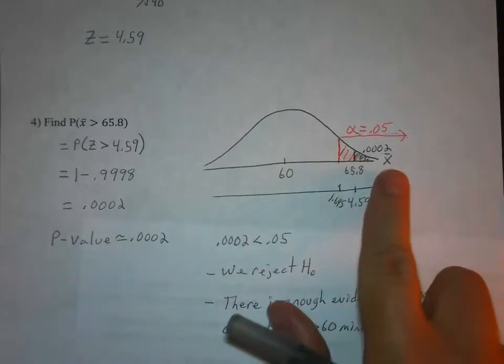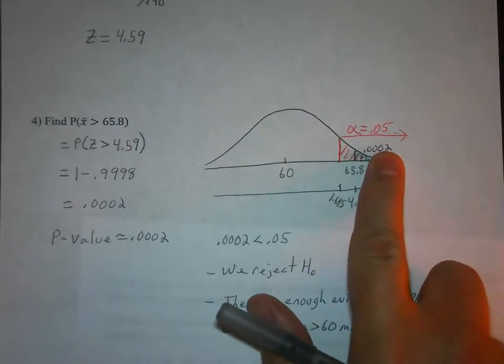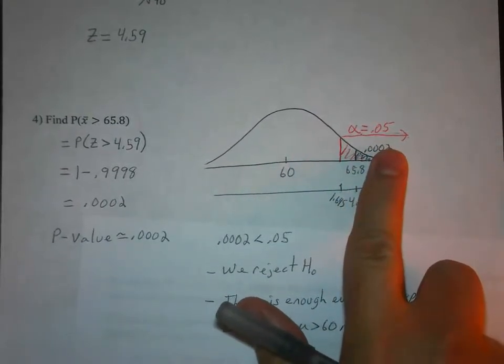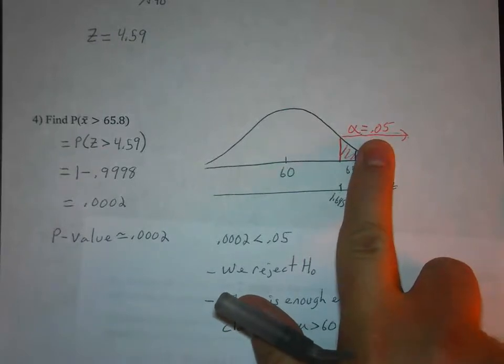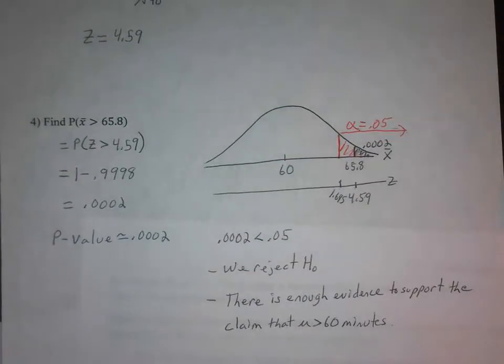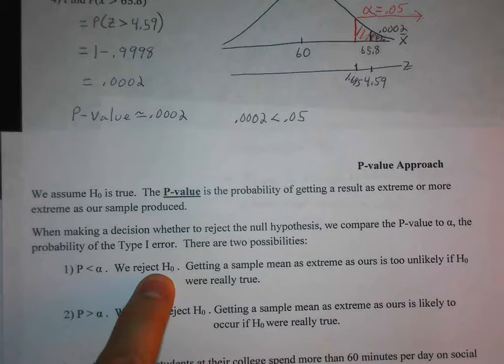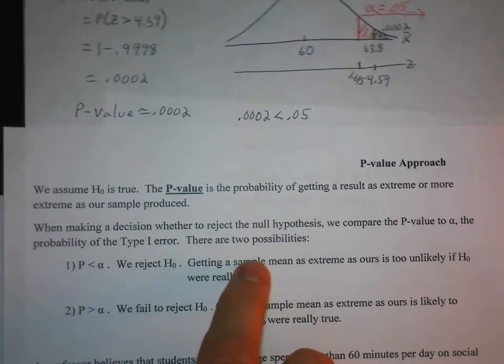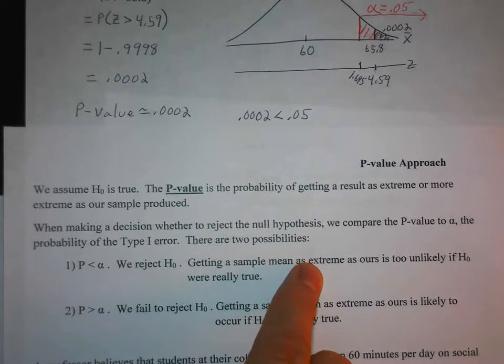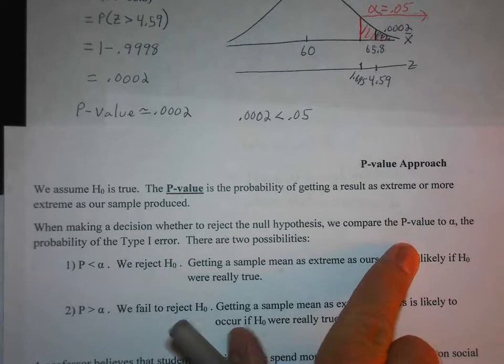So that 0.0002, your p-value, is way to the right here, which is smaller than alpha. So if p is less than alpha, we reject H0.